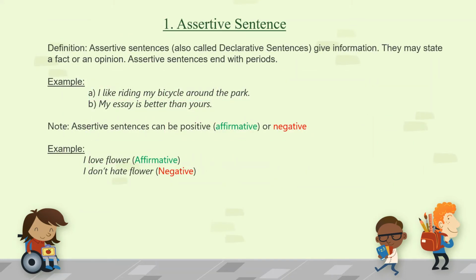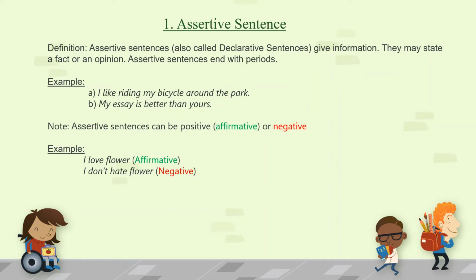Here's the definition of assertive sentence. Assertive sentences, also called declarative sentences, give information. They may state a fact or an opinion. Assertive sentences end with periods. Example, I like riding my bicycle around the park. My essay is better than yours.